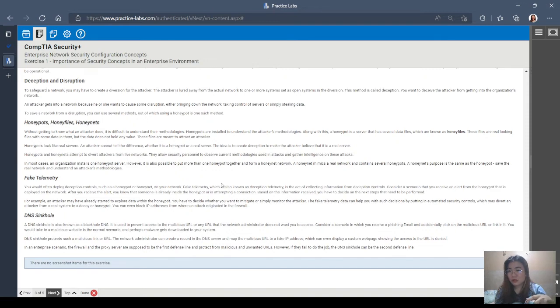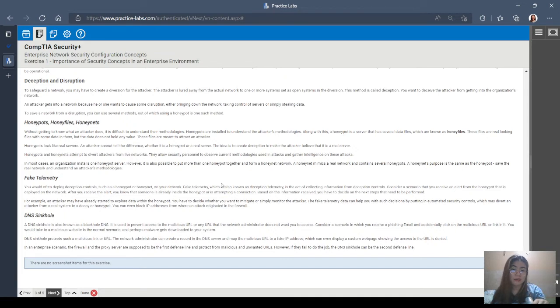Without getting to know what an attacker does, it is difficult to understand their methodologies. Honeypots are installed to understand the attacker's methodologies. A honeypot is a server that has several data files, which are known as honey files. These files are real-looking files with some data in them, but the data does not hold any value.